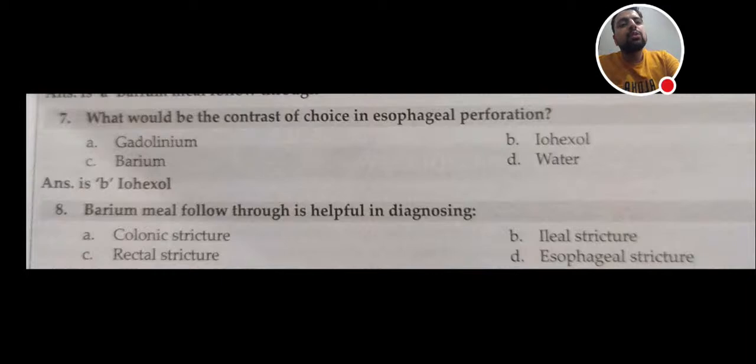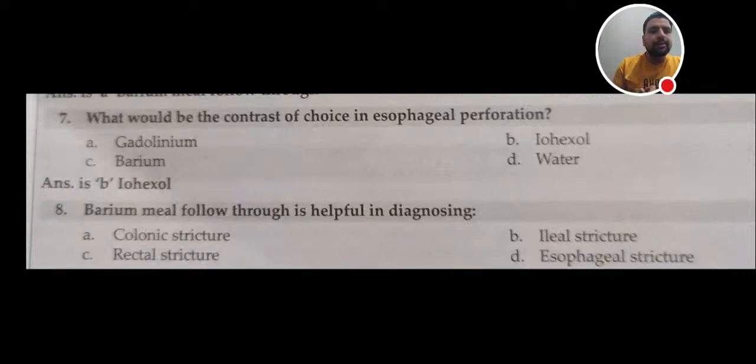Now, barium meal follow through is helpful in diagnosis of what? I discussed this question in detail and already explained. So, what is the best answer? Barium meal follow through is helpful in diagnosing ileal stricture. For esophageal stricture, there is barium swallow. For the stomach and duodenum, there is barium meal.